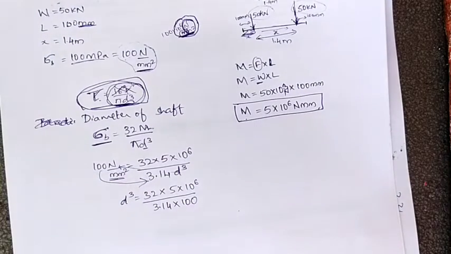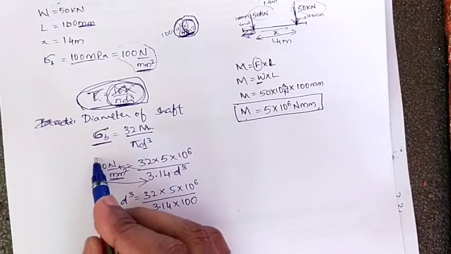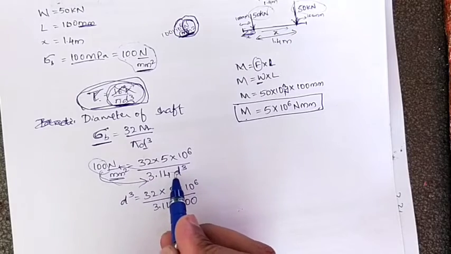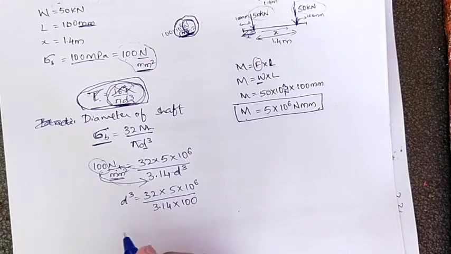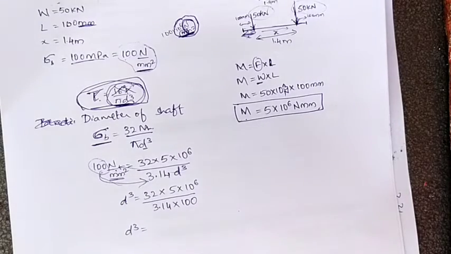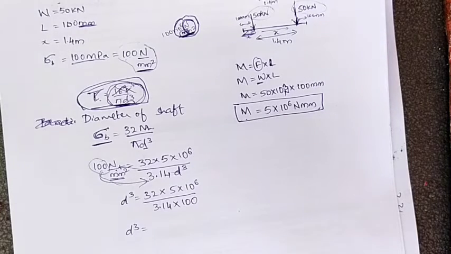Just substitute these values. We have shifted 100 here and taken d cube here. Now d cube is equal to, when you substitute these values, 32 into 5 into 10 raised to 6 divided by 3.14 into 100.